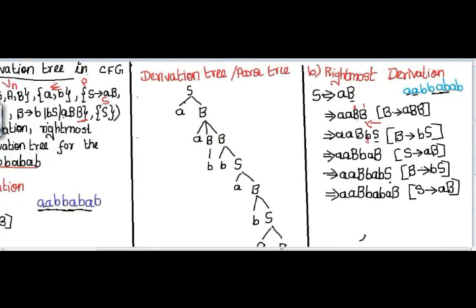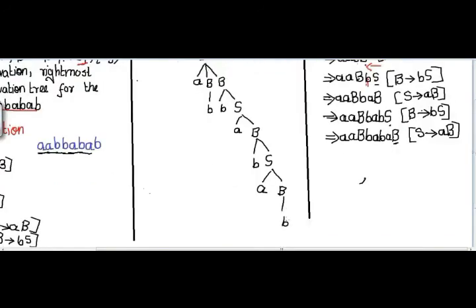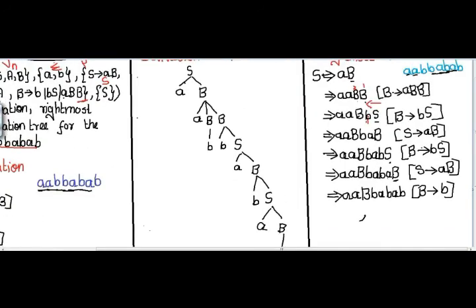Now I completed up to this A, and the next character I need is B. So the non-terminal here is B. I'm going to see the B production. I need only one character, that is B. So I'm going to choose B tends to B. And the same thing is substituted in this parse tree also, B tends to B. Now I am checking if there is any other non-terminal. I could find one more non-terminal here.